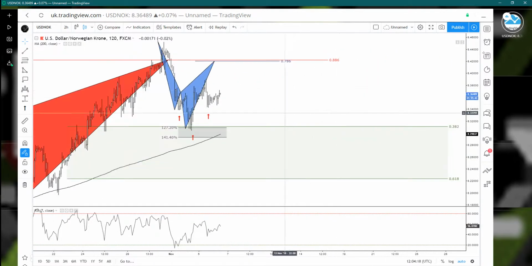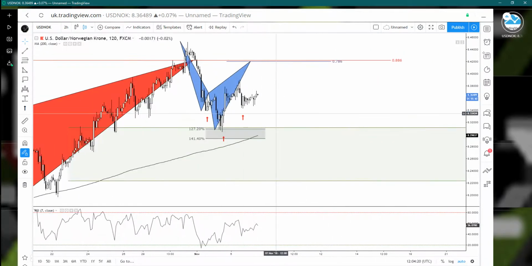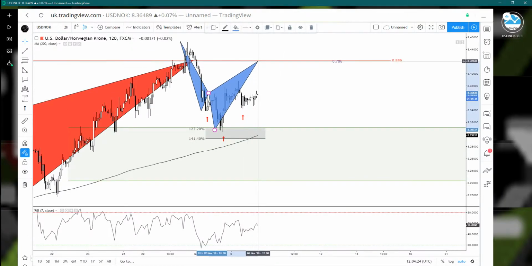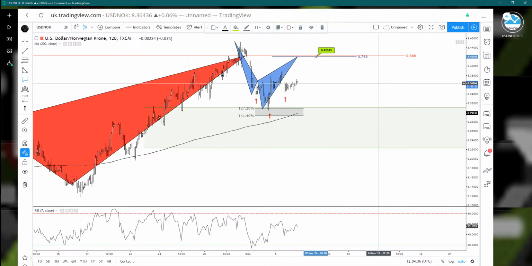So based on the most recent price action, inverted head and shoulders, potential bearish cipher pattern, if we need a price something like 8.42, and again the market can break structure and trade lower without filling that pattern.